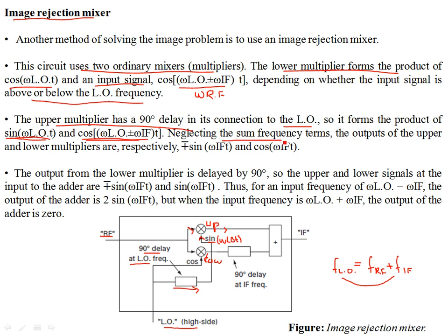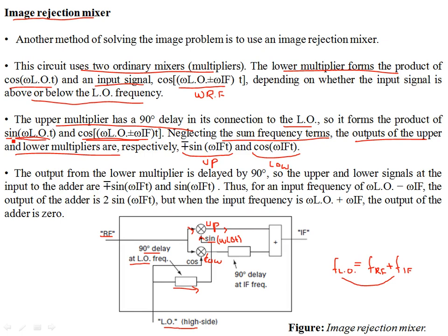So if you neglect the sum frequency terms, the output of the upper and lower multipliers respectively is minus sine omega IF plus sine omega IF. This is for the upper mixer, and this is for the lower mixer. You can derive this from the trigonometric identity.